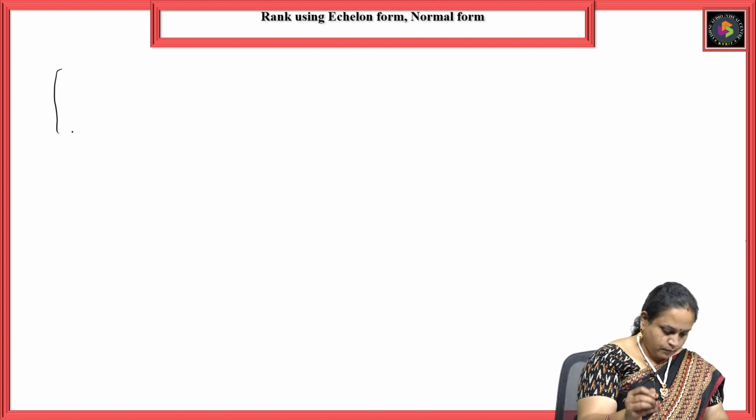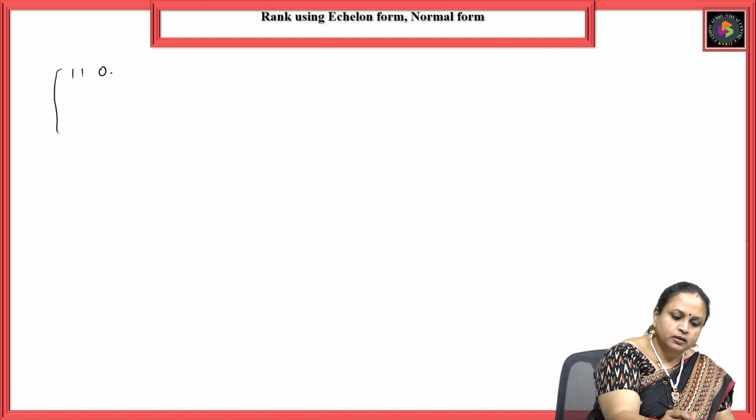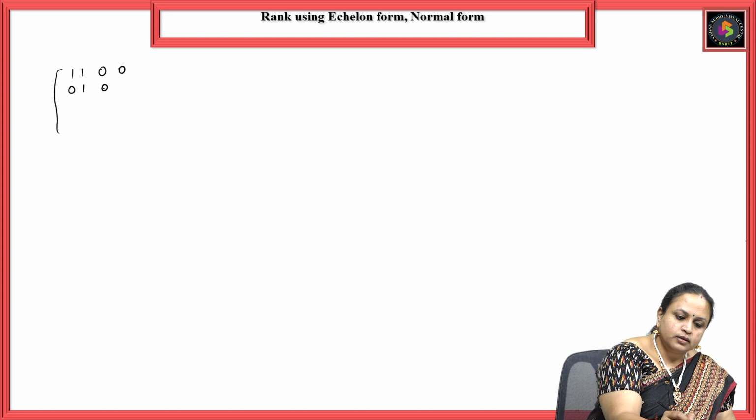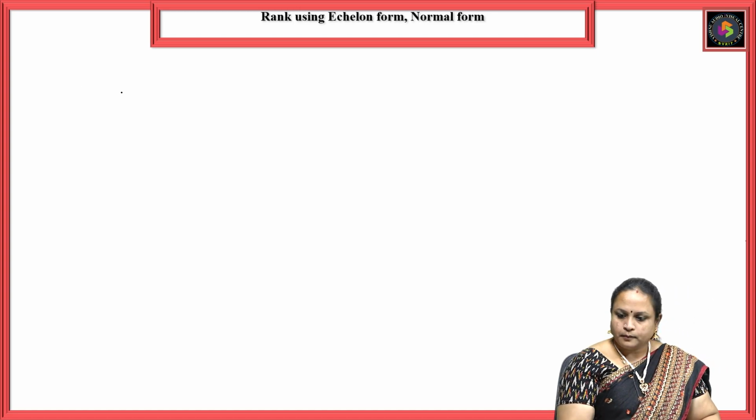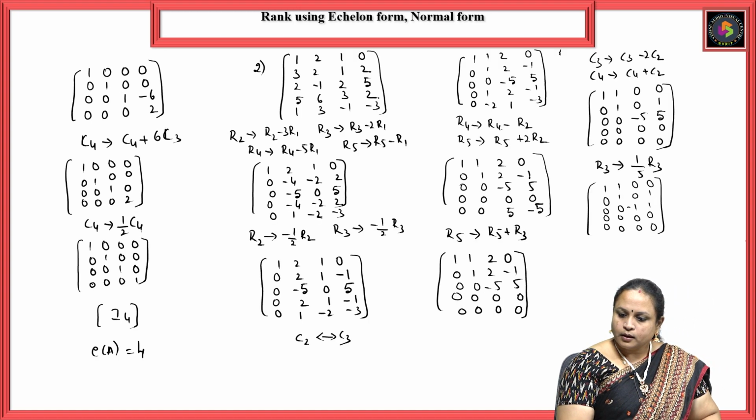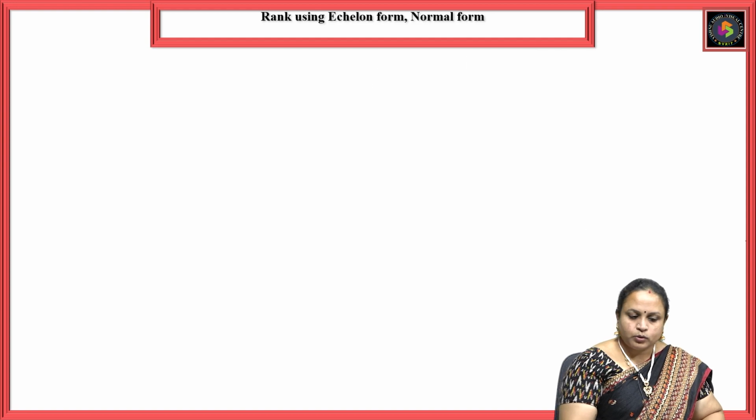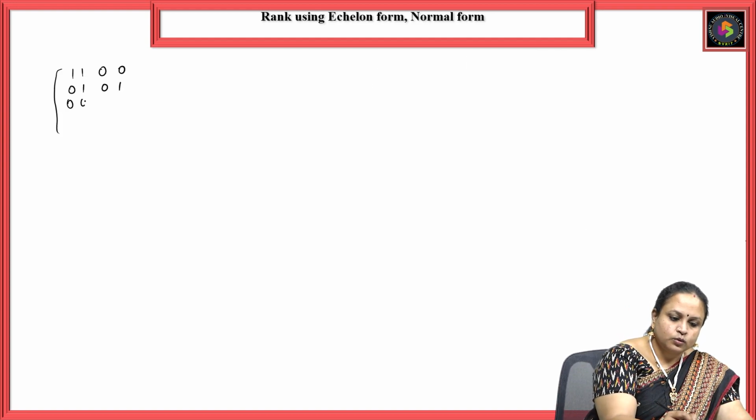So 1, 1, 0, 0, 0, 1, 0, 1, 0, 0, minus 1, 1, 0, 0, minus 1, 1, and then all zeros.